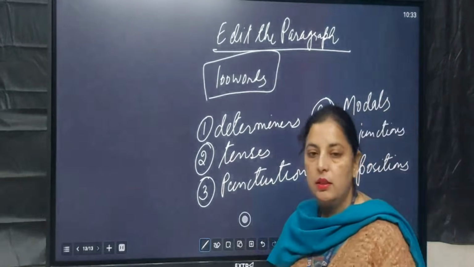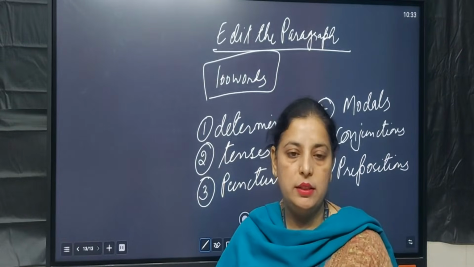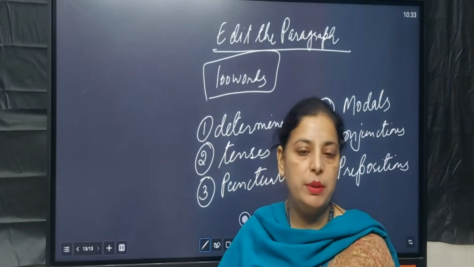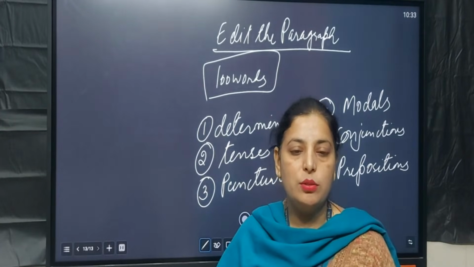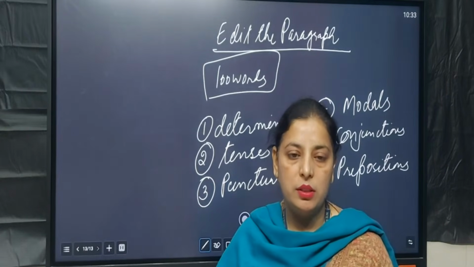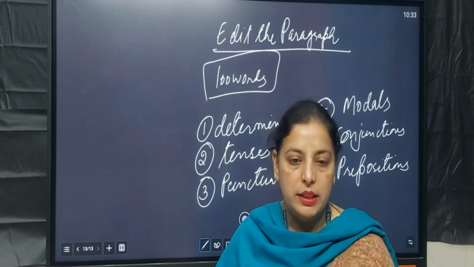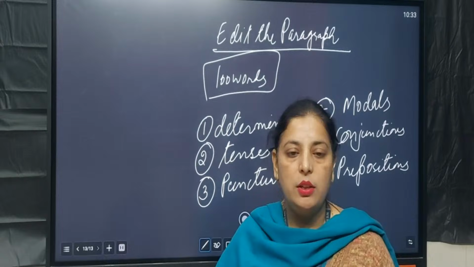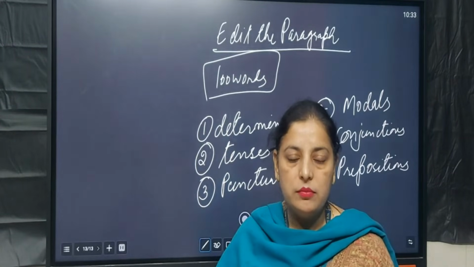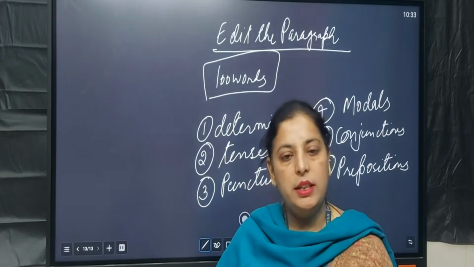Out of these you will find out or edit any 8 mistakes of the given paragraph and you will get 1 mark for each editing. So it scores 8 marks in your board paper. It highly depends on your basic knowledge of grammar. So you have to correct the tenses, check the determiners, that includes your articles, modals, punctuation, and write prepositions and conjunctions.